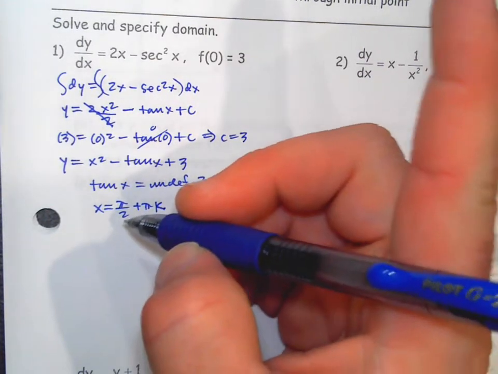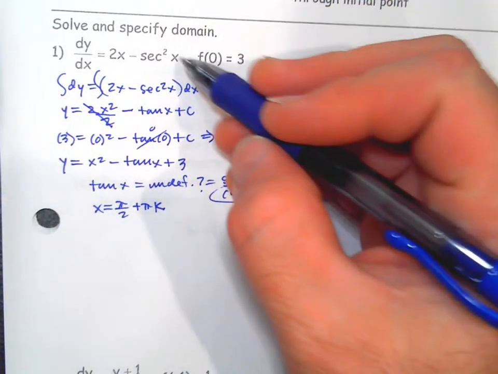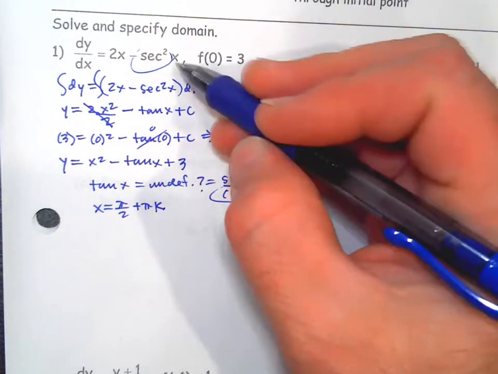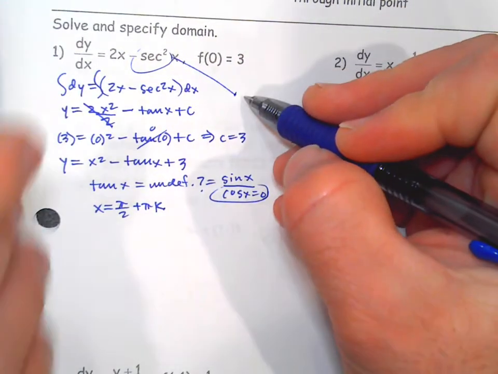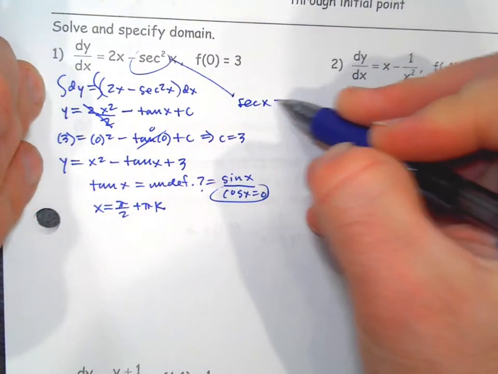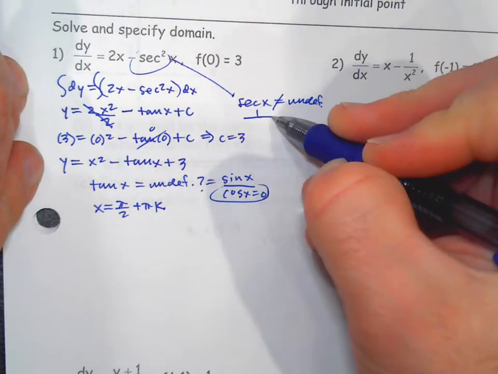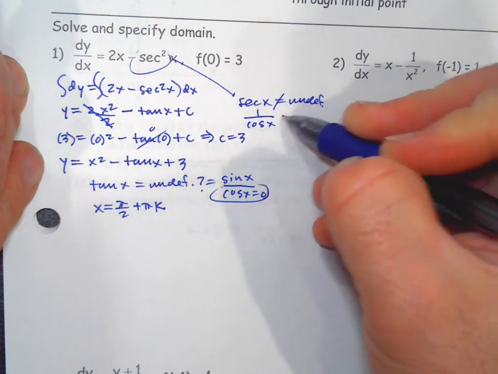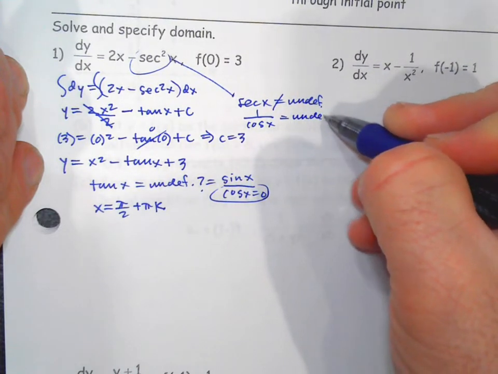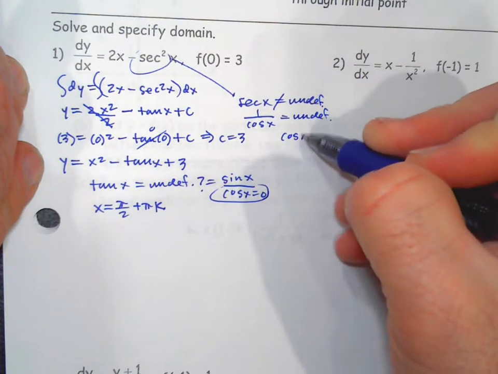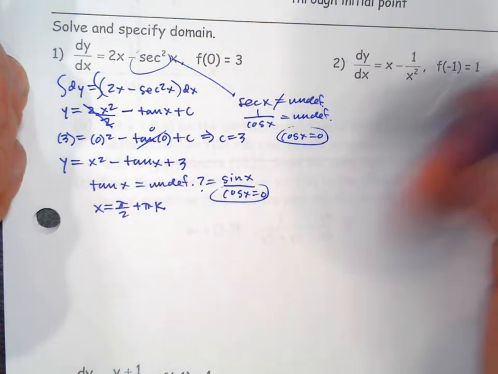So there's that issue. You also need to worry about secant in the derivative. Secant could be undefined, which is 1 over cosine, so that's when cosine equals 0, the same thing we just found.